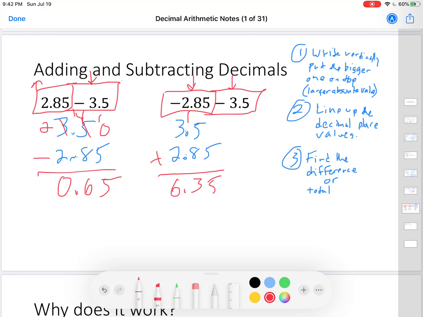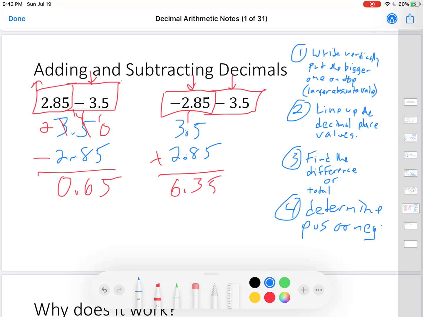Step 4. Determine positive or negative. Well, in this case, they're opposite directions, but there's more negatives because 3 is negative and 2 is positive.